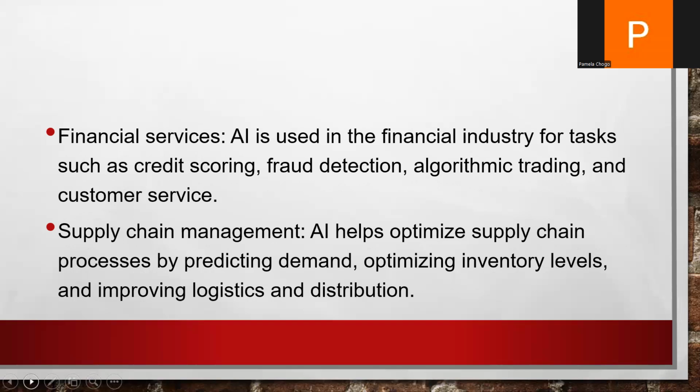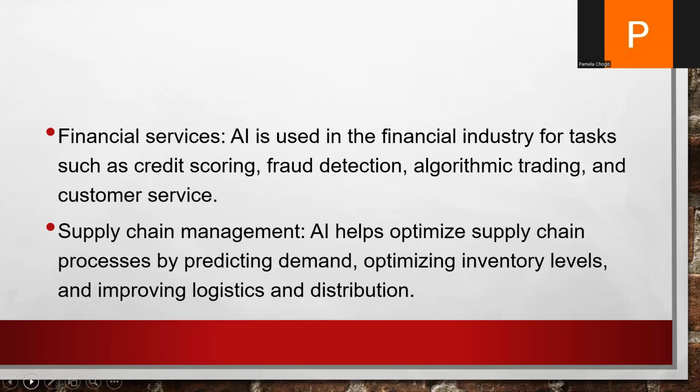I also gave an example of credit scoring, where when you go to ask for a loan in the bank, they just look at your behavior pattern, and AI will tell them if you qualify for the loan or not. I also explained fraud detection. But we also have it so much in customer service. Not all of the time are you talking to a person; it could be an AI-enabled customer service platform.